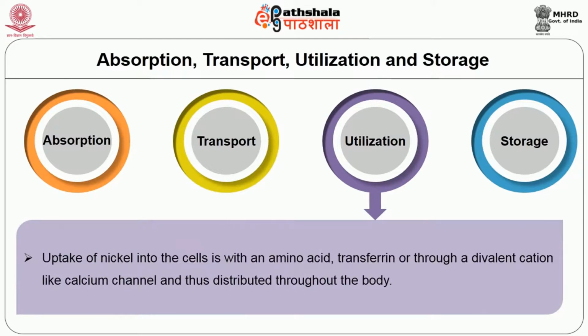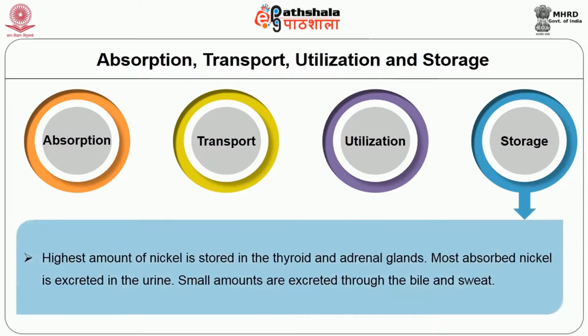Uptake of nickel into the cells is with an amino acid transferrin or through a divalent cation like calcium channel and thus distributed throughout the body. The highest amount of nickel is stored in the thyroid and adrenal glands. Most absorbed nickel is excreted in the urine and small amounts are excreted through the bile and sweat.